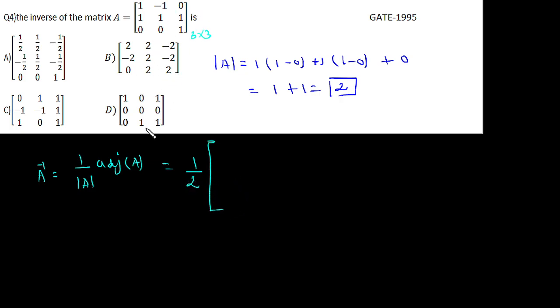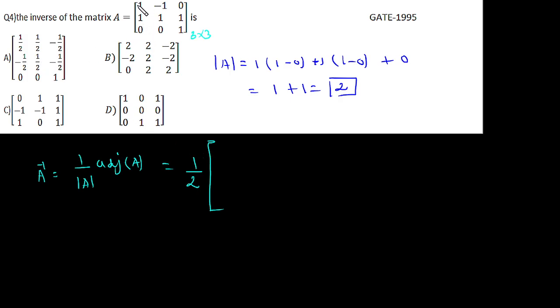Now here it is not necessary that we find the whole adjoint of this matrix A. We are just simplifying some specific elements, and we compare with the options, and we check which one of the options is correctly matching our findings.